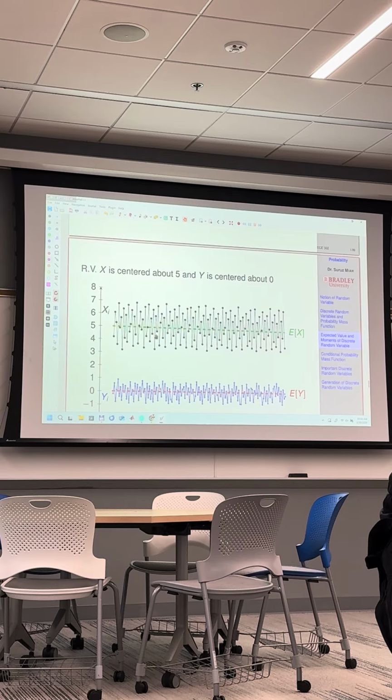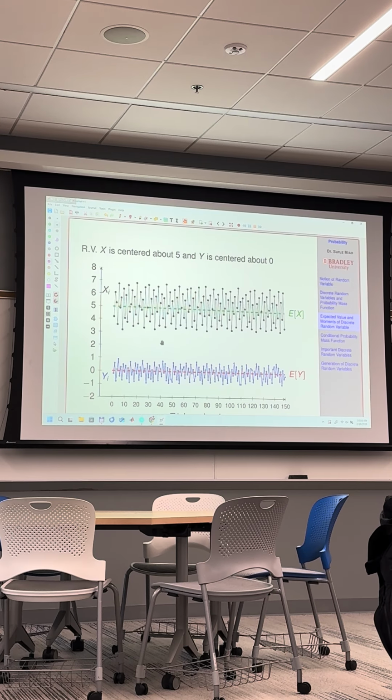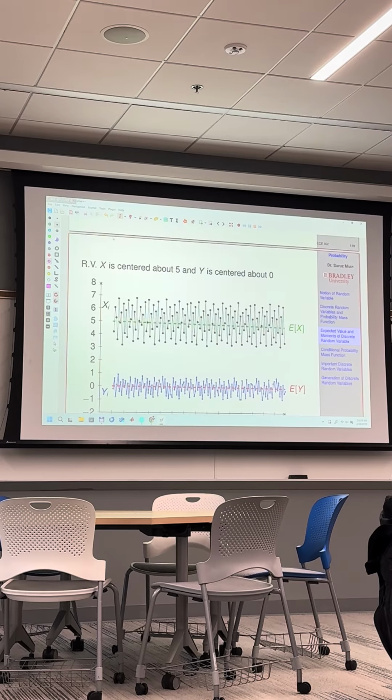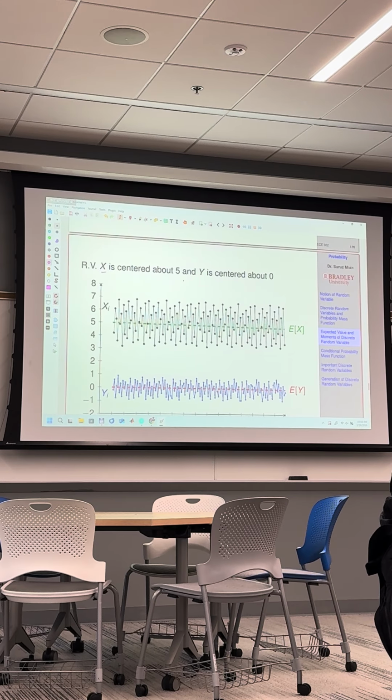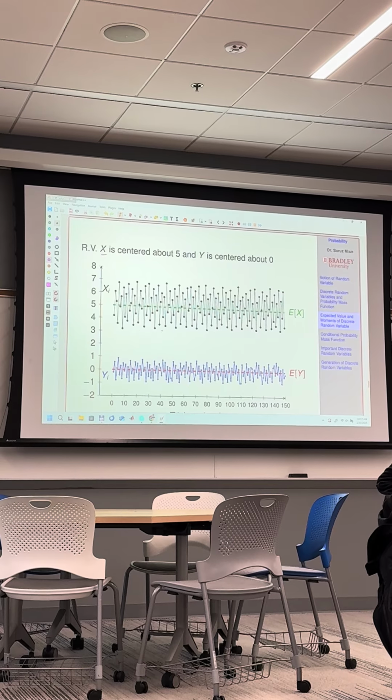Now I have drawn these two subfigures here for random variable x and random variable y. The expectation operator gives some hints about the data. So, for example, you have a bunch of data here, x_i, where i equals 1, i equals 2, i equals 3, and so on.